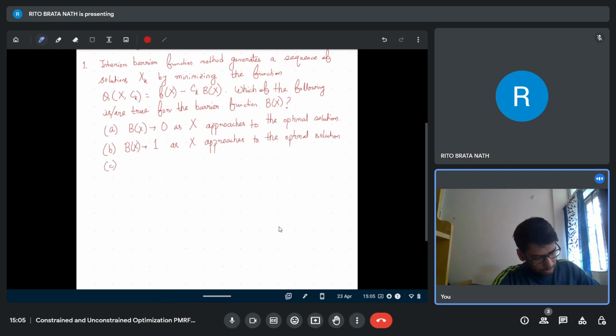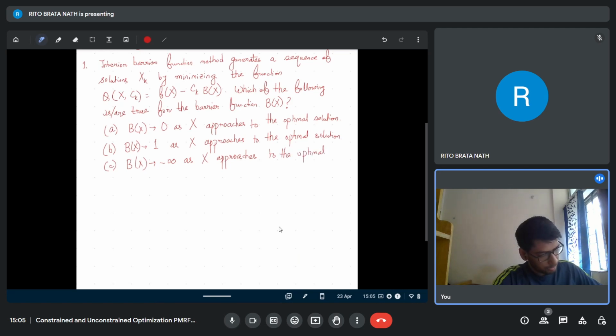Option C is B(x) tending to minus infinity as x approaches the optimal solution.